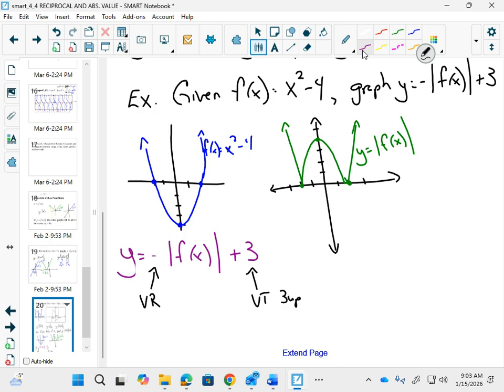Could you do that all at once? Could you take this, flip it down, and shift it up 3? If you could, you can draw the graph right away. If you need to do it in steps, draw it flipped down first, then move it up 3. So my final graph is going to look like this.